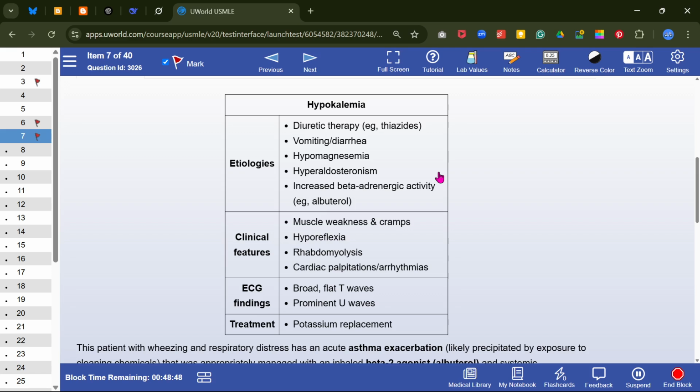Muscle weakness and cramps, hyporeflexia, rhabdomyolysis, and cardiac palpitation, arrhythmia, broad flat T-wave, prominent U-wave, and potassium replacement. Okay.